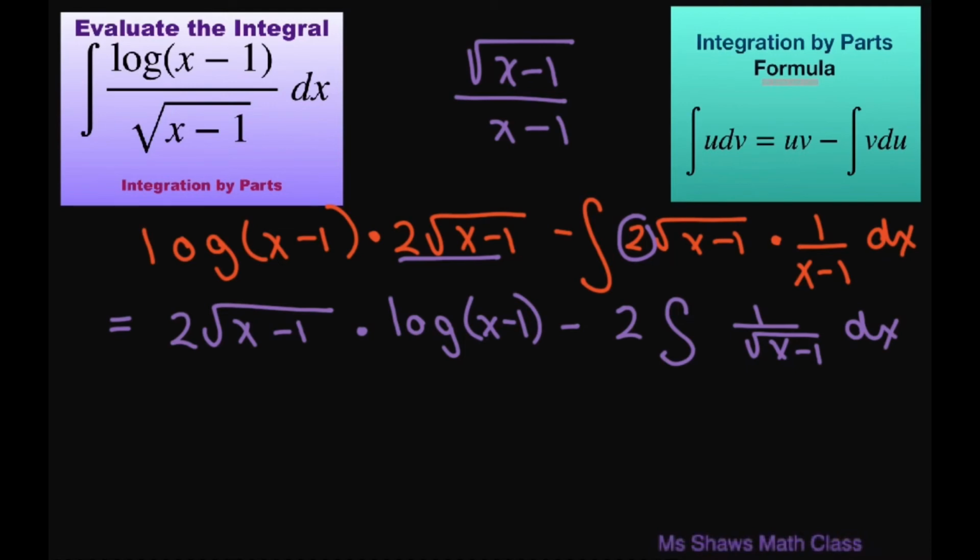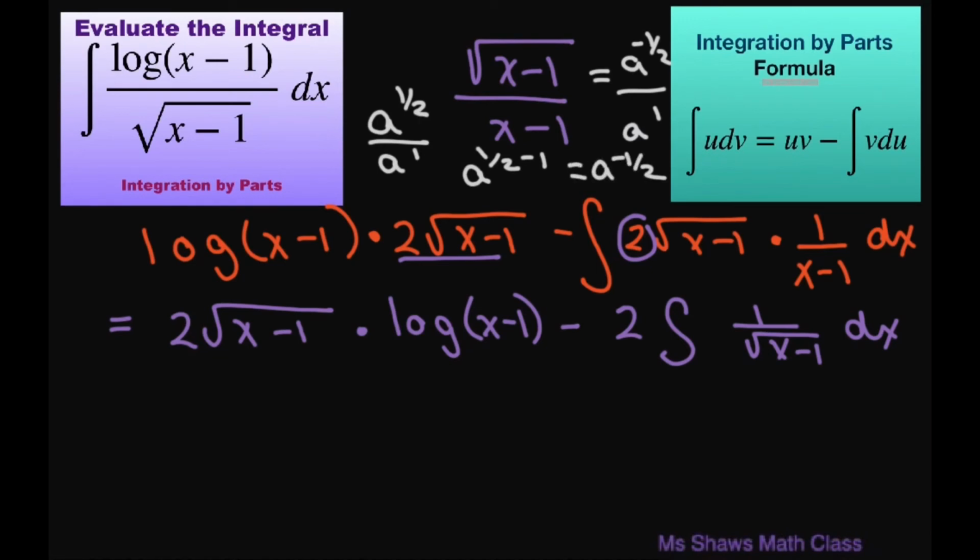Because basically what you're doing is you're saying a to the power of 1/2 divided by a to the power of 1. And using your exponent properties, that would be a to the power of 1/2 minus 1. So that's why you're going to get a to the negative 1/2.